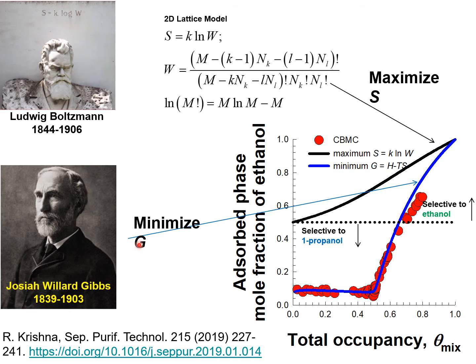So the minimum in the Gibbs free energy yields the blue line, and beyond a certain pore occupancy of, say, 0.7, the mixture adsorption equilibrium is driven by entropy effects that favor the shorter alcohol.